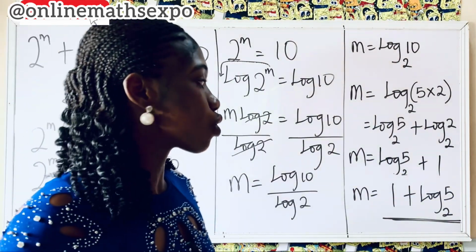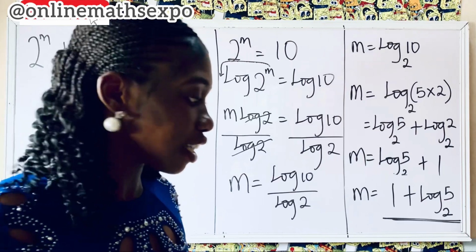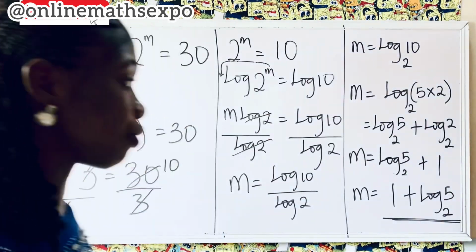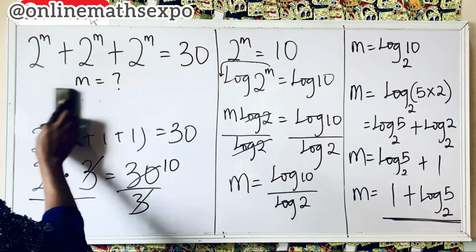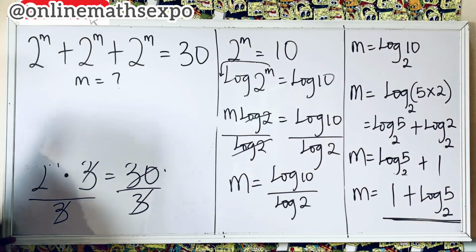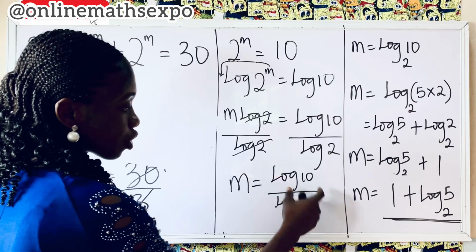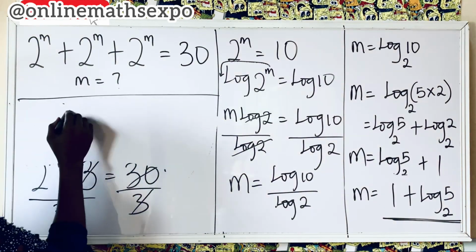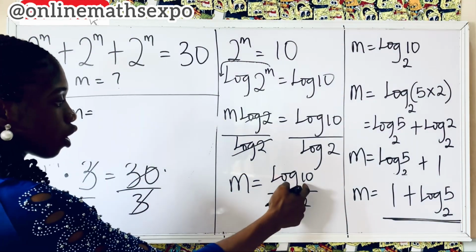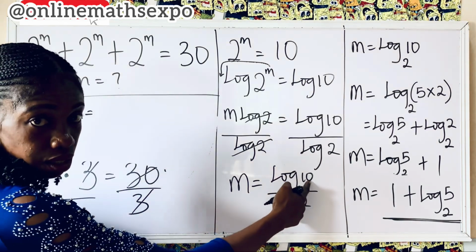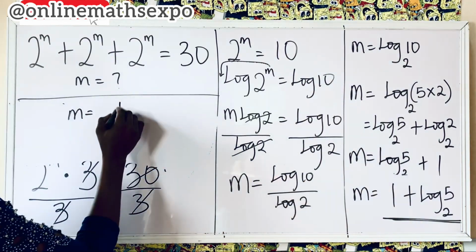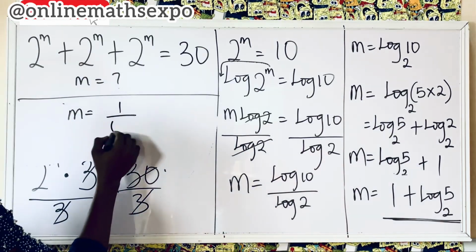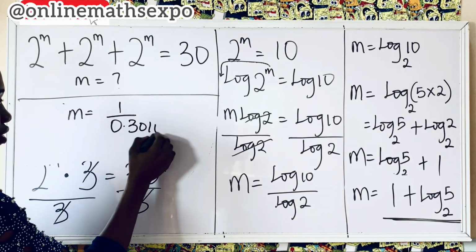You can also choose to leave it in decimal. Now let me show you how you can do that. If you want to use your calculator to leave it in decimal, when you got to this point, you quickly use your calculator to have m is log of 10, which is 1, because the base here is 10. So log of a number with the same base is 1, and log of 2 will give us 0.3010.